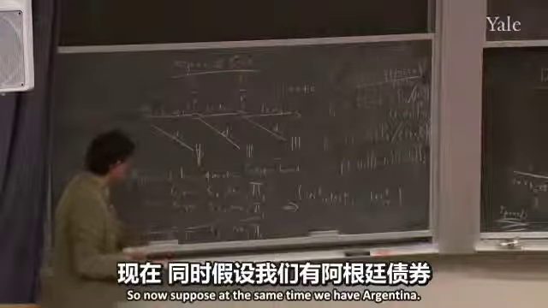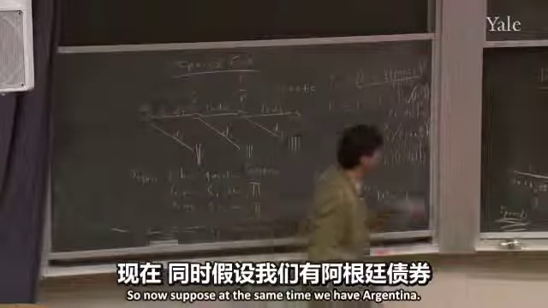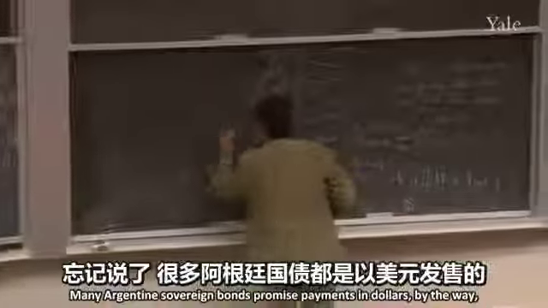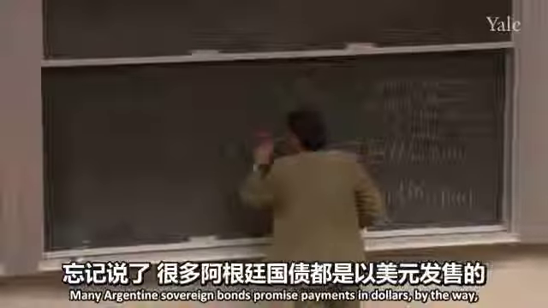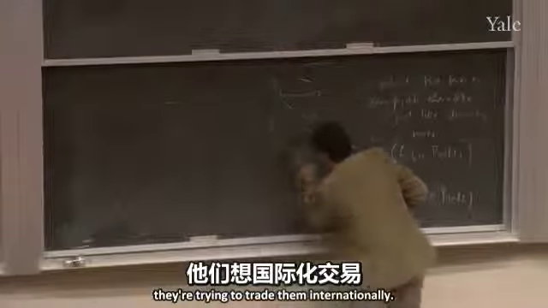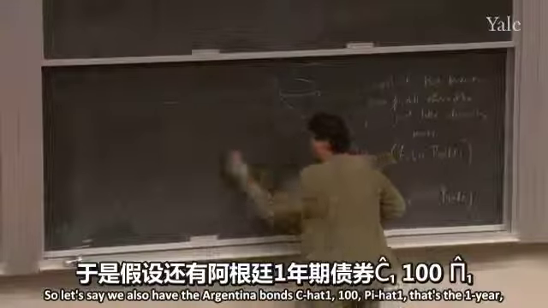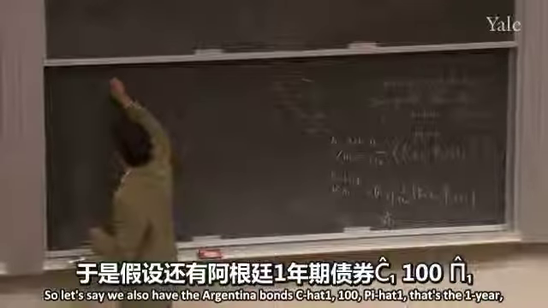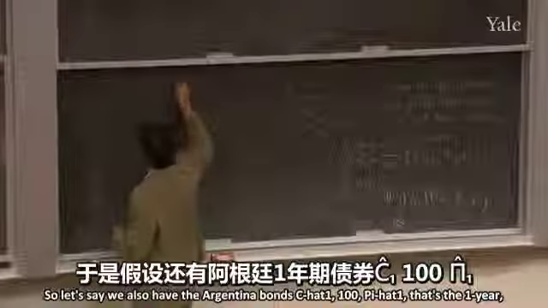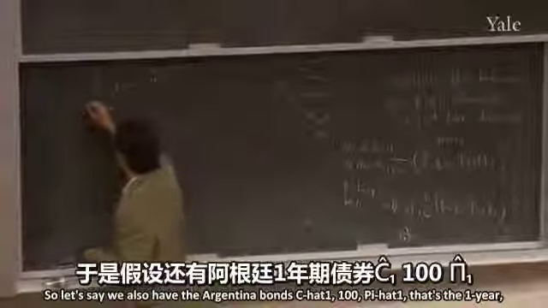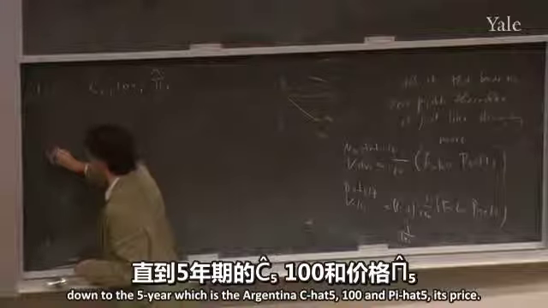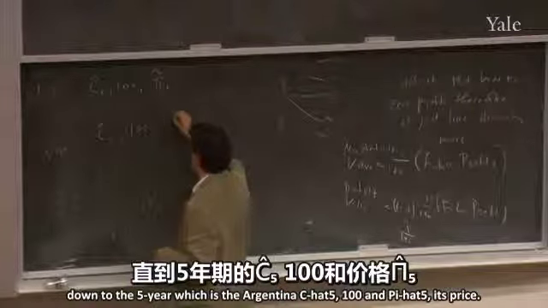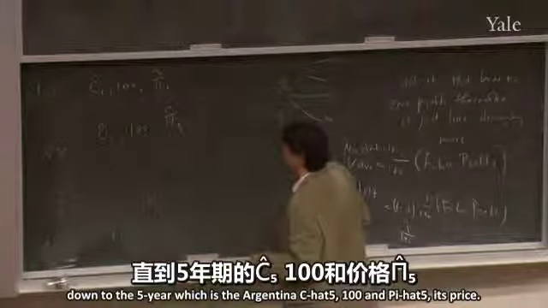Now suppose at the same time we have Argentina, where many Argentine sovereign bonds promise payments in dollars, by the way. They're trying to trade them internationally. So we also have the Argentina bonds: C hat 1, 100, pi hat 1 for the 1-year, down to the 5-year, with C hat 5, 100, and pi hat 5, its price.